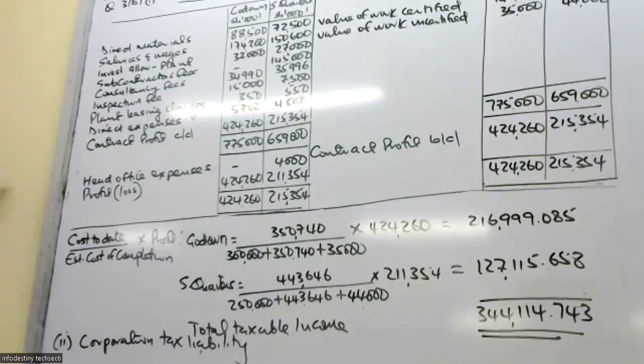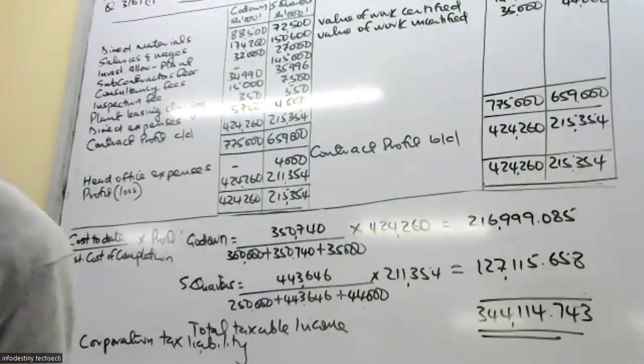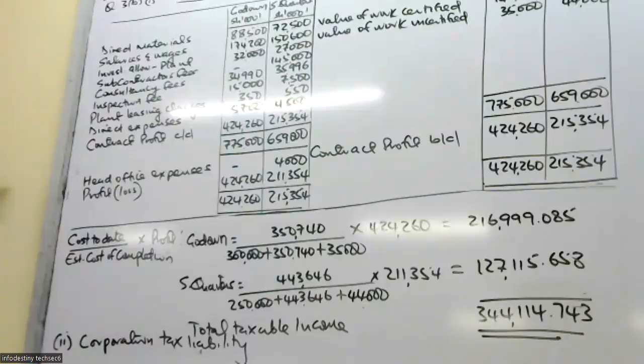May 2021, question 3C is on double taxation relief. We do Ali Salama, then we look at VAT.